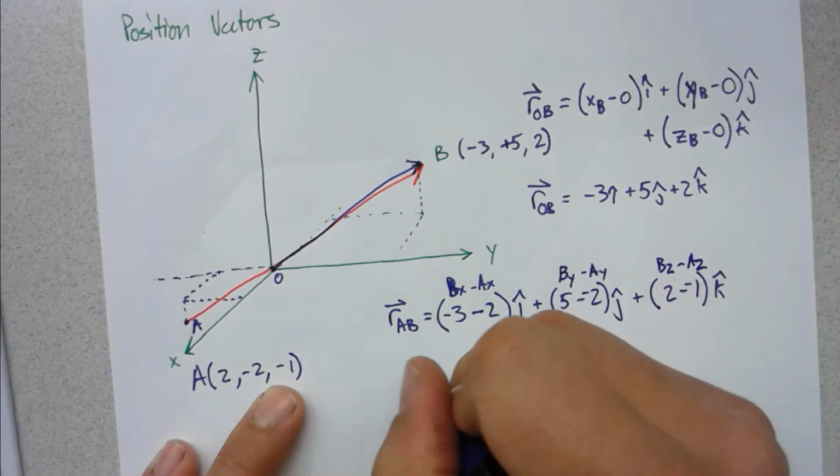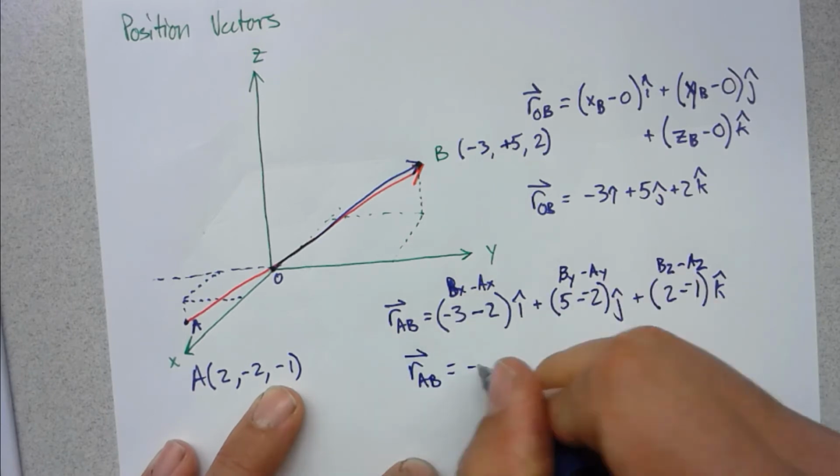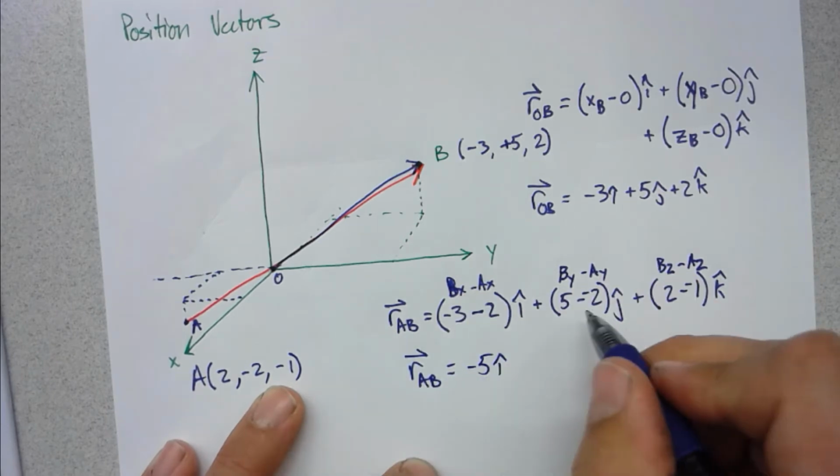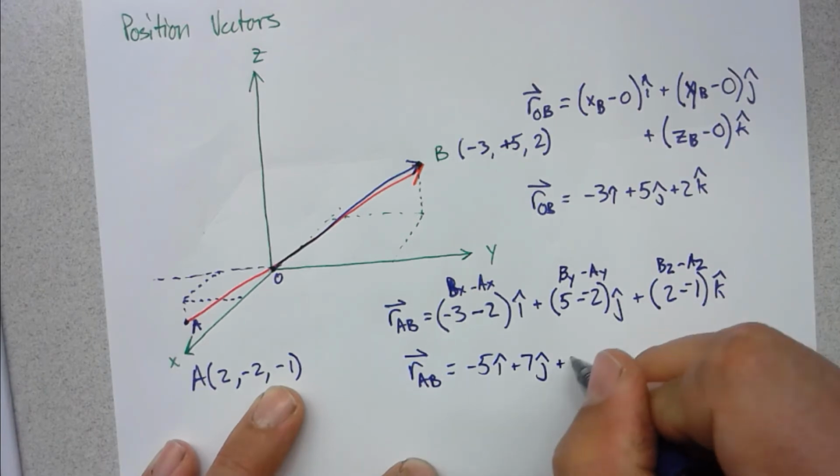So we'll end up with RAB equaling -5 I hat plus 7 j hat plus 3 k hat.